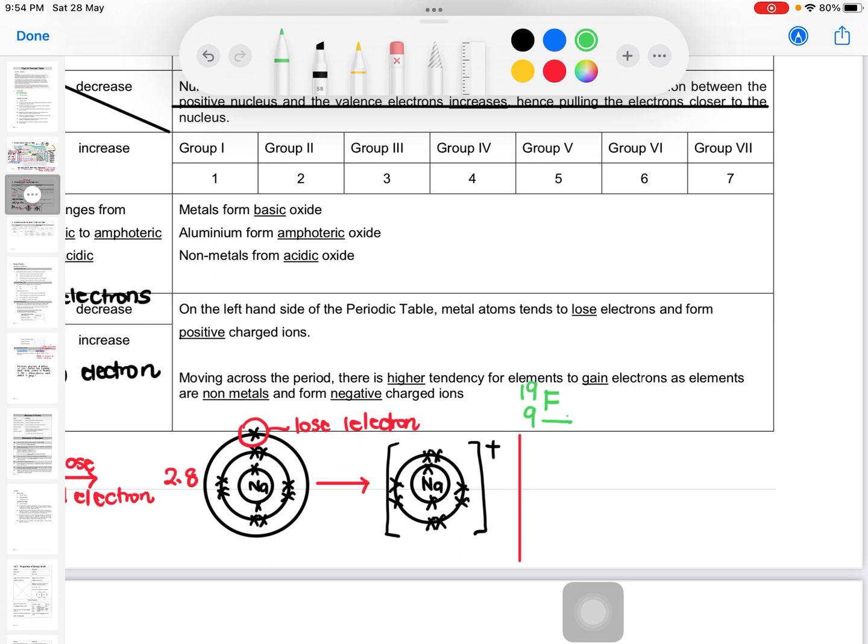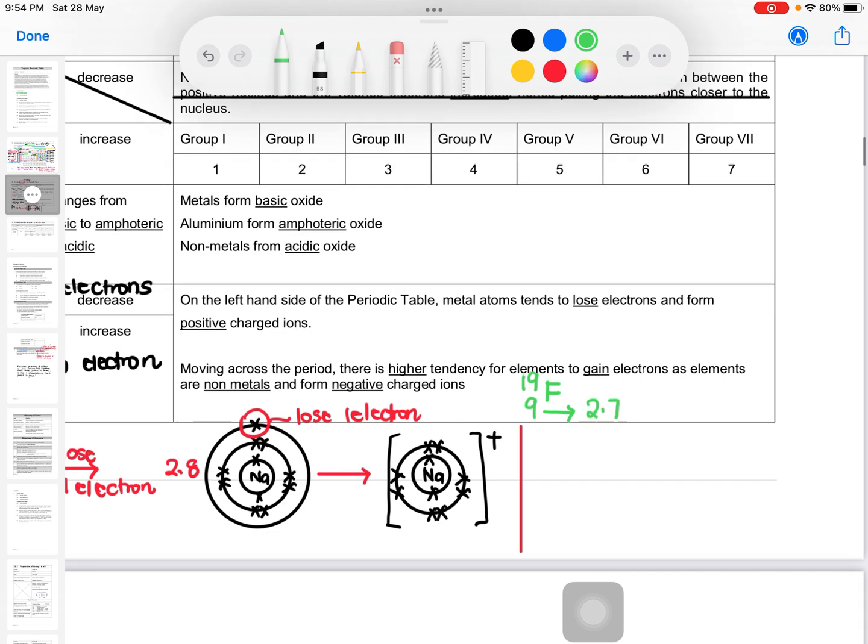If it's 9, my electronic structure will be 2.7. For 2.7, it is easier for me to gain one electron. When I gain one electron, I have 2.7 plus 1, so I will form a minus charge. I'm going to represent this in diagram form. Fluorine.